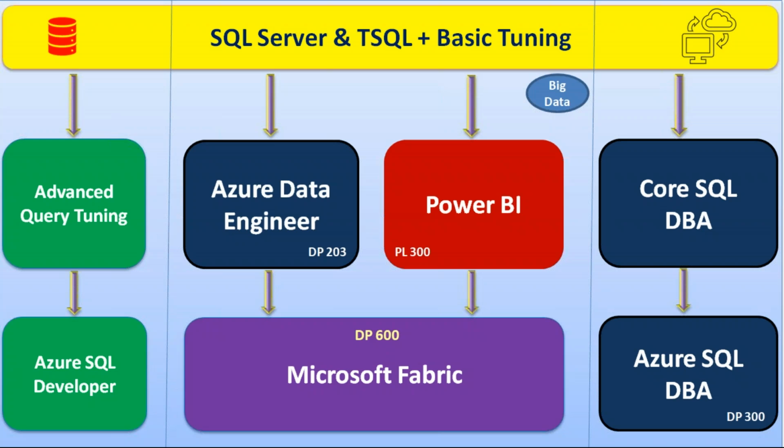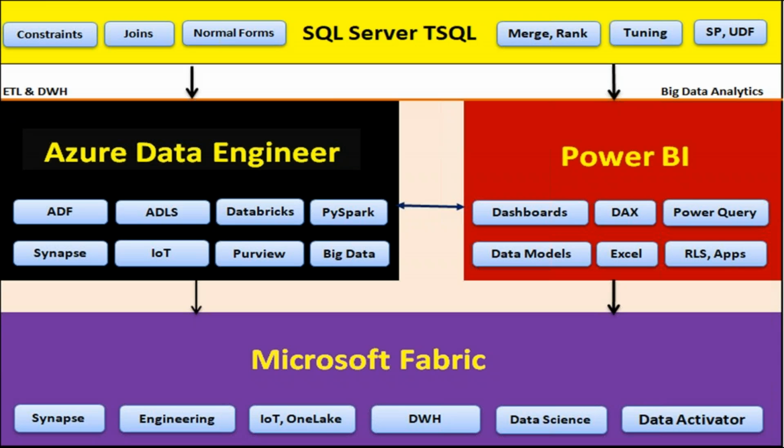So we are in the middle box right now. Core data engineering. Once we expand the box, here are the prerequisites to step into the data engineering black box. Please revise constraints, joins, normal forms, merge, tuning activities. Again, what are those tuning activities?